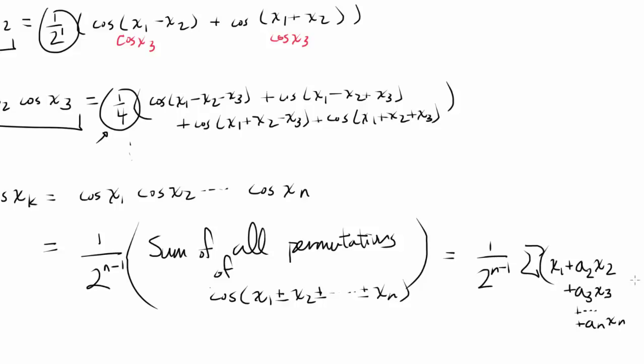And of course, each of these coefficients, a sub 2, a sub 3, all the way to a sub n, can be either 1 or negative 1. So a sub i is equal to plus or minus 1, and we're looking at i between 2 and n. So let's continue.